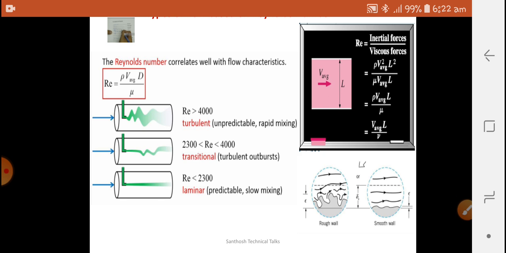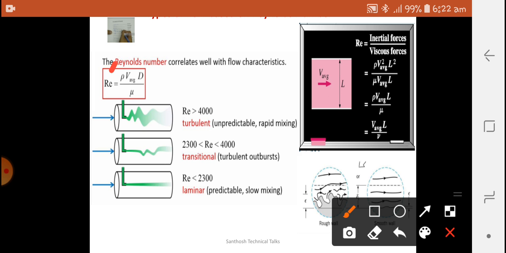Okay, fine. Now, how are laminar, turbulent and transition flows defined? We put the values of density, velocity, diameter and mu in the formula and substitute.